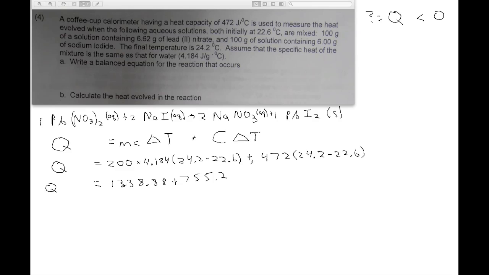And then add those two up. And you get 2094.08 joules. But I guess we made a mistake since it didn't match our prediction.